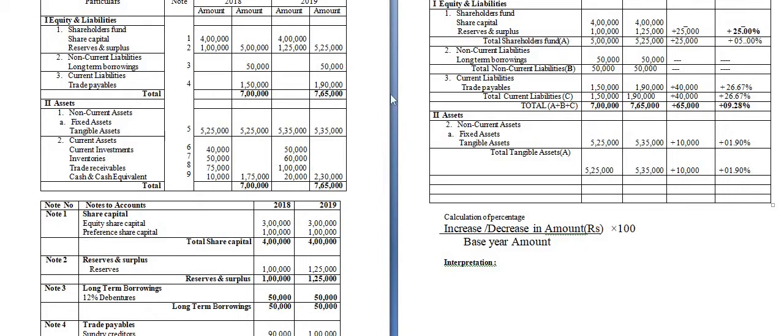That is, the increase in the amount is 10,000 and the percentage is 1.90%.